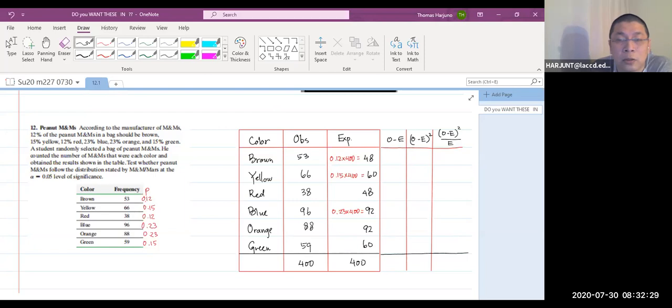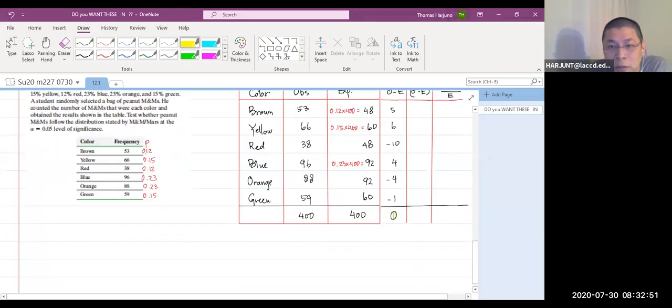Okay, then what is this? This is 5, this is 6, this is negative 10, this is 4, this is negative 4, this is negative 1. The total here is supposed to be 0, by the way. Just to check. You can use this to check your computation.